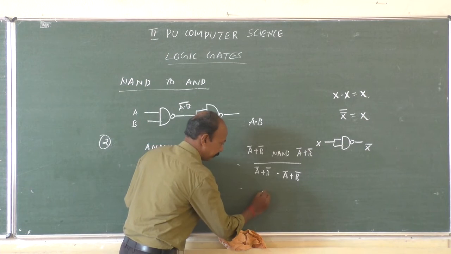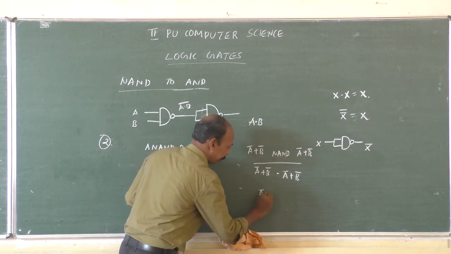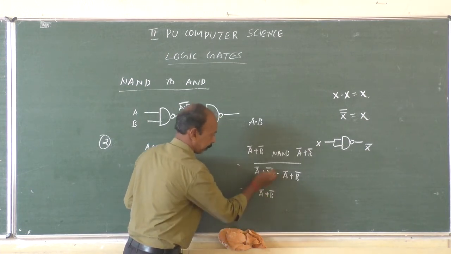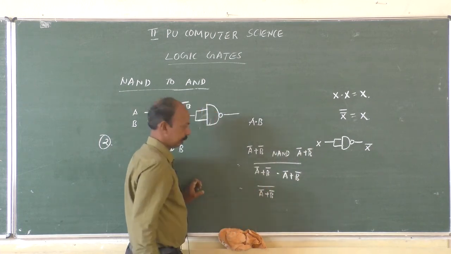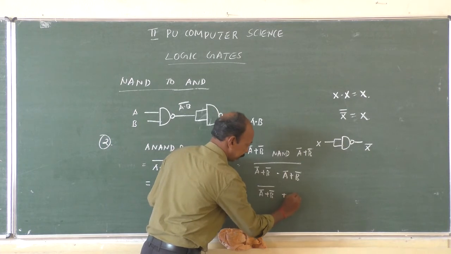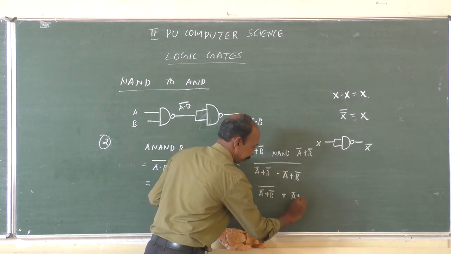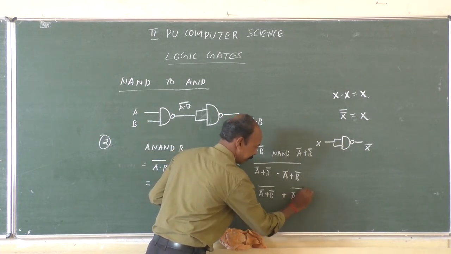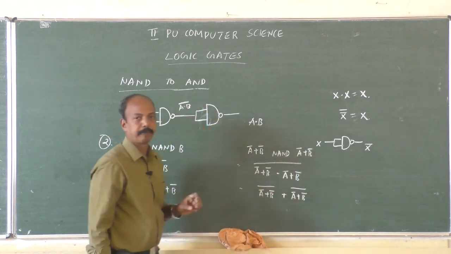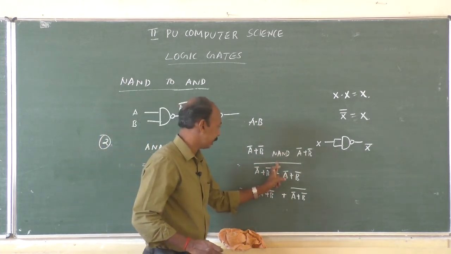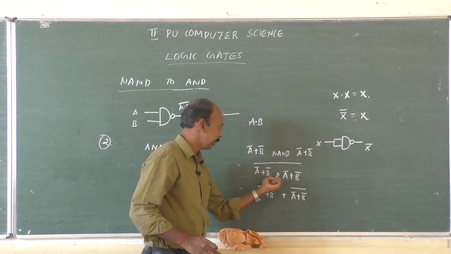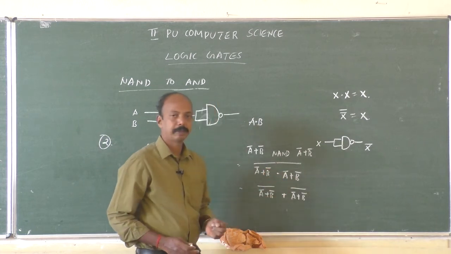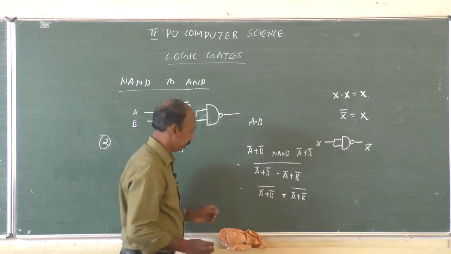Again simplifying the same, A bar plus B bar, De Morgan's theorem once again, bar plus A bar plus B bar, this particular bar, where we have divided it into two groups. When we break that expression, this dot becomes plus, isn't it?